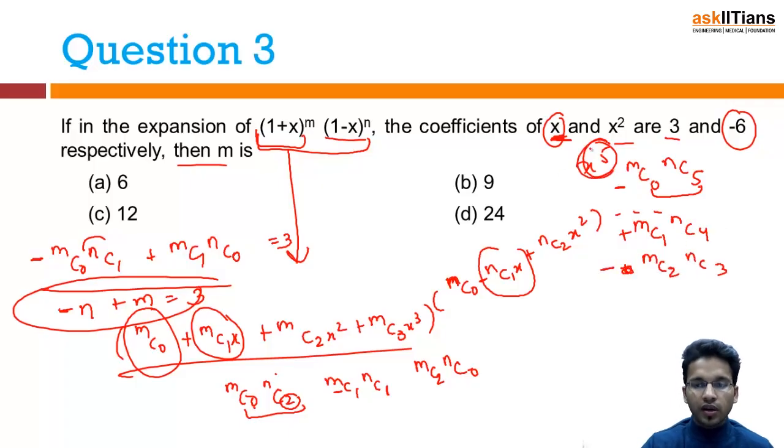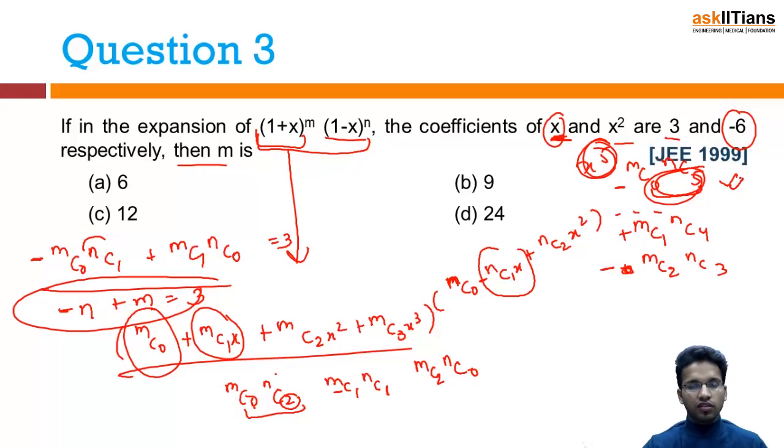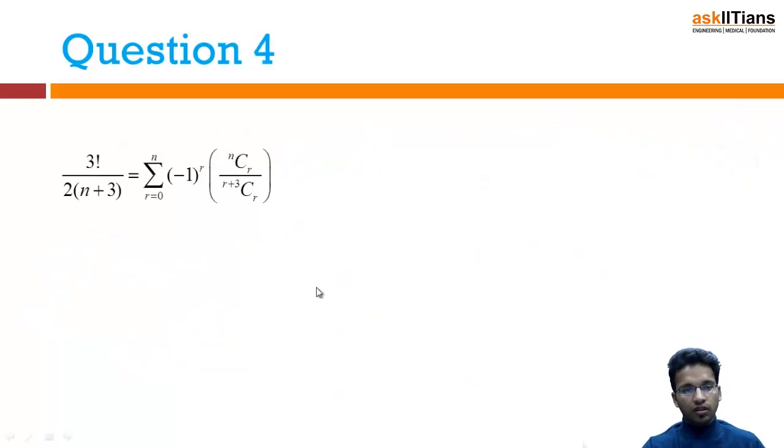So whatever power comes, the powers appearing here should add up to that. That is the key concept. And this question, as seen, came in IIT 1999. Okay, moving on to the next question.